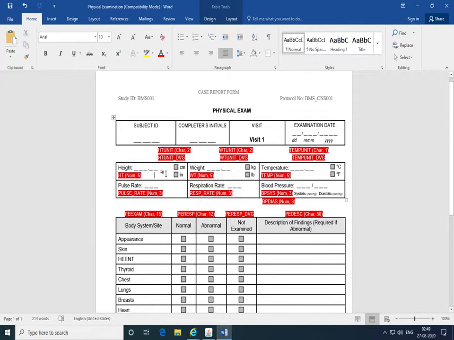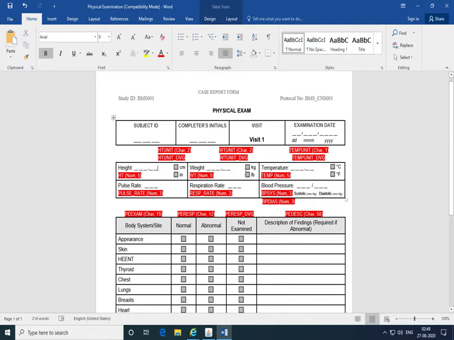A question group is made up of individual questions. For example, this question group is made up of the question height, which is a numerical value, the unit of height, which is a checkbox, whether it's centimeters or inches, weight, which is again a numerical value, unit of weight, which is a list of values to select from.